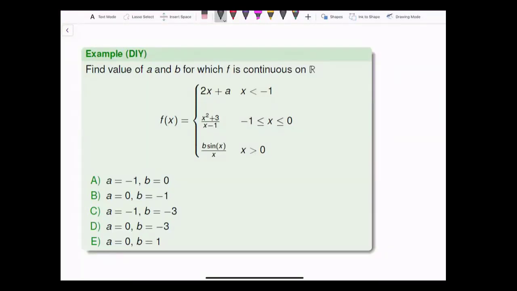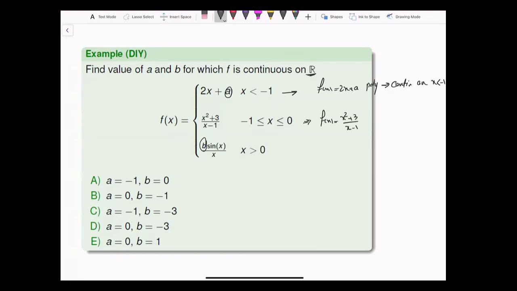So we are trying to find values of a and b. These are constants, such that the function is continuous everywhere. So let's see. On the values which are less than -1, the function is 2x plus a. Whatever a is, this is a polynomial, and it is continuous everywhere. In particular, it is continuous on values less than -1. On this other interval, the function is a rational function.